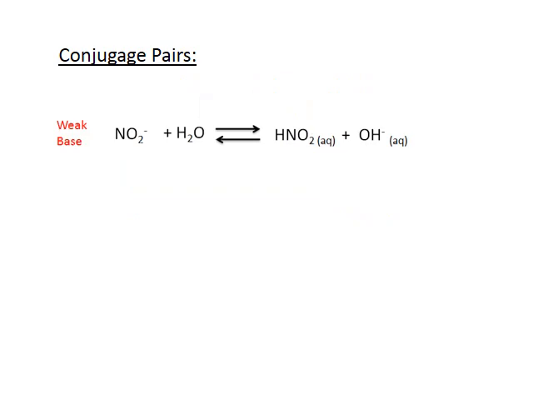Okay, nitrite here. So let's see, it looks like HNO2, and then water and hydroxide look most like one another. So let's see, nitrite, it doesn't have an H to give, so that must mean it's accepting an H. That means it's behaving like a base. And that would mean that if it's accepting a hydrogen, that means that water was donating the hydrogen.